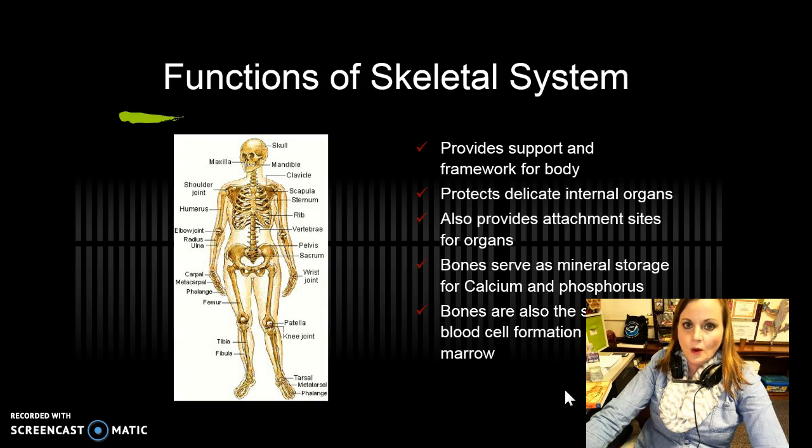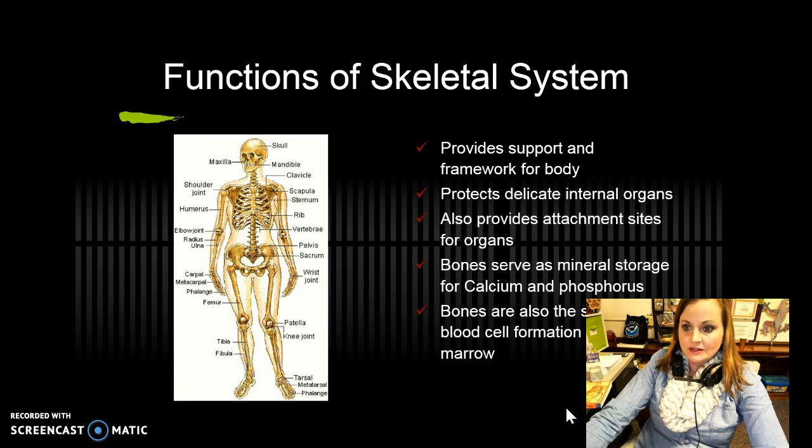Let's first look at what the skeletal system does for us. Not only does it protect you, as it protects a lot of your major organs inside your body, it provides a framework and structure to support your body. It attaches to muscles and attaches bone to bone in order for you to be able to move.